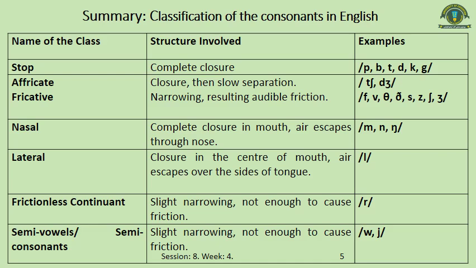So today, first of all, I'll try to present before you the summary in another way, by presenting before you another dimension. And the dimension is, number 1, stop. Manner of articulation. What happens? Complete closure. Complete closure of what? Yes, exactly.